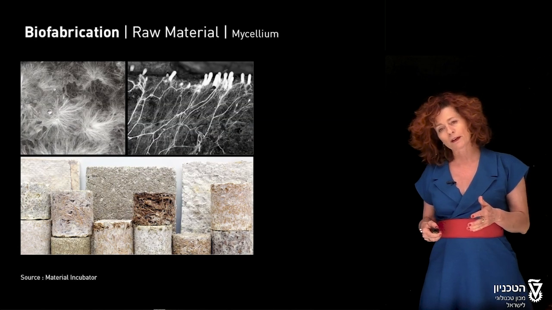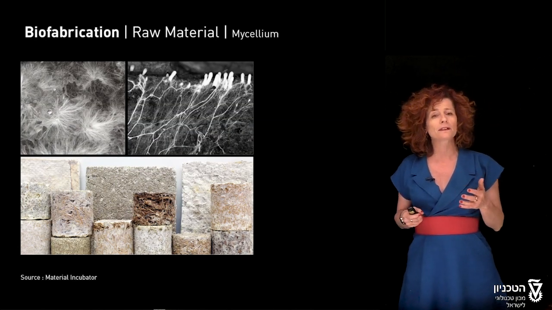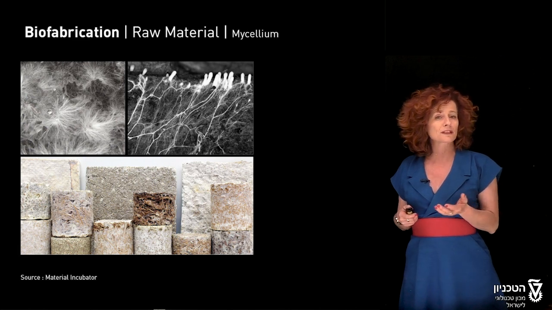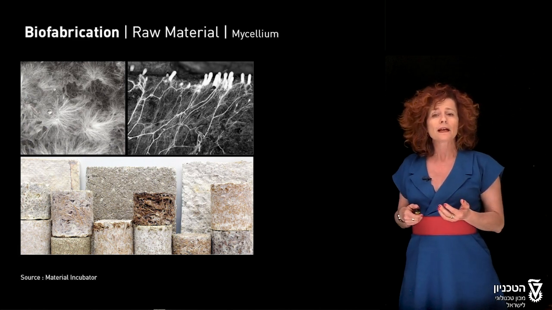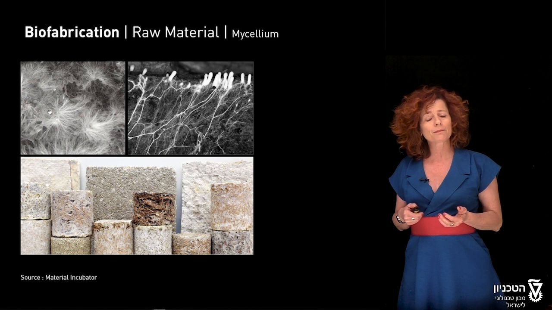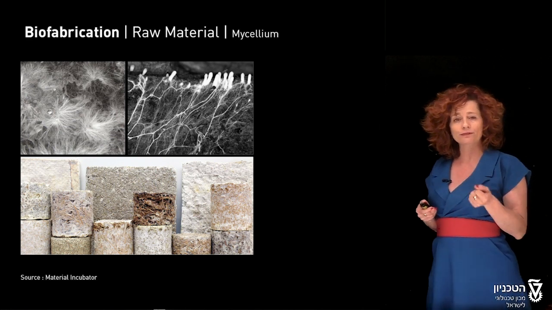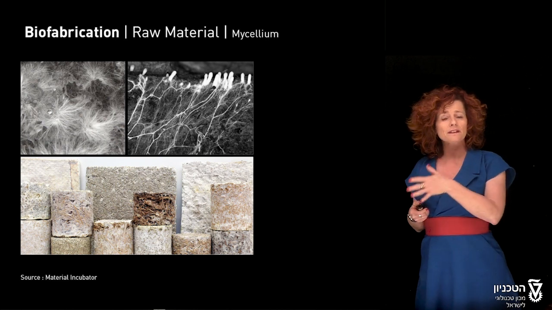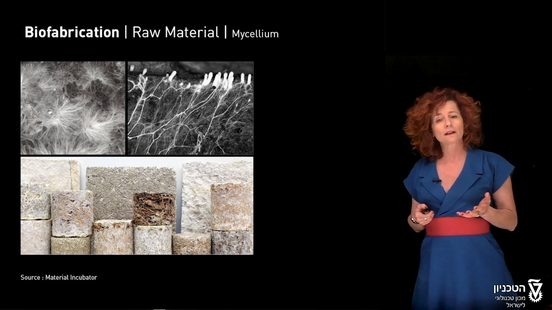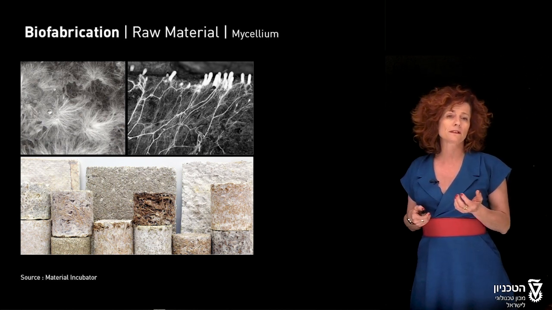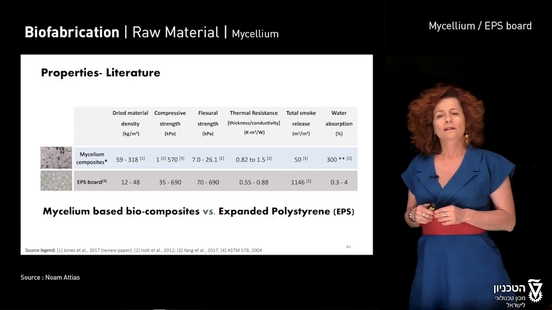This natural biocomposite, according to the substrate that nourishes the mycelium spore, actually brings different characteristics and properties, mechanical properties, and also visual characteristics that can vary according to both materials.